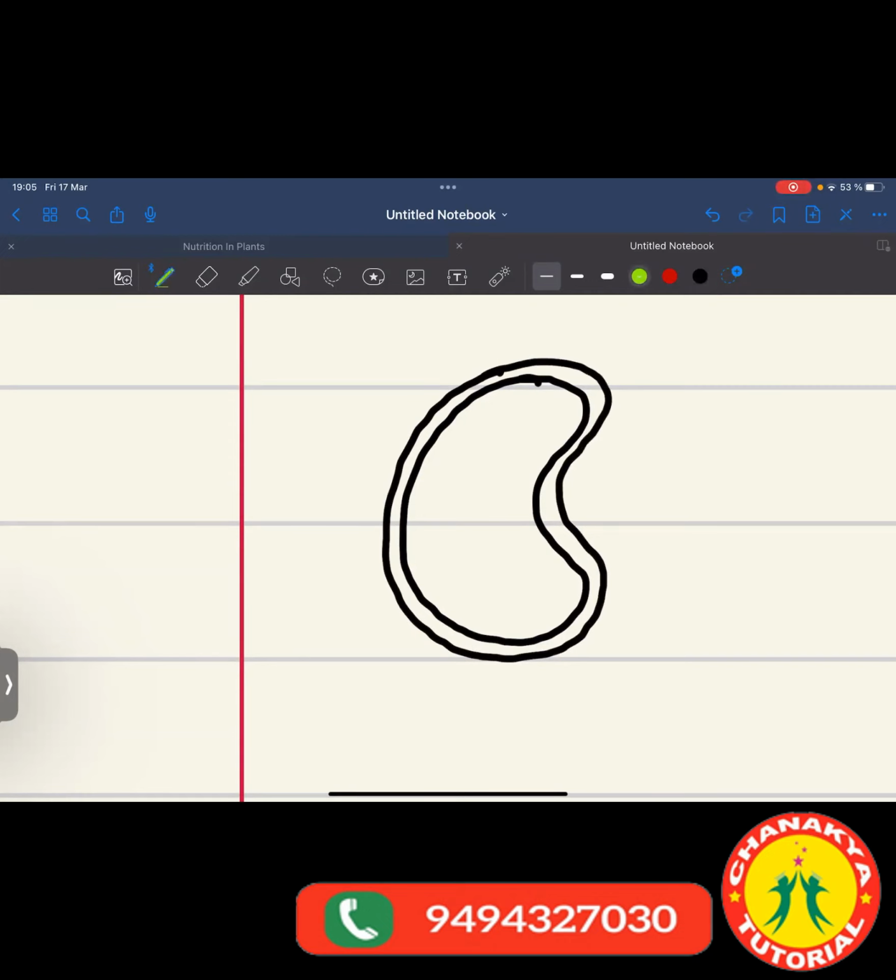And you have a small growing shoot portion, that is a leaf, something that grows inside. Almost half inside, half outside. And you have a portion like this. Mark that portion in red so you can differentiate.